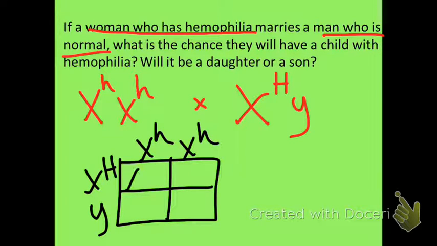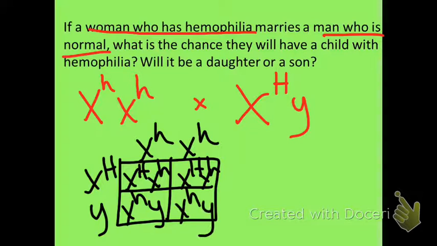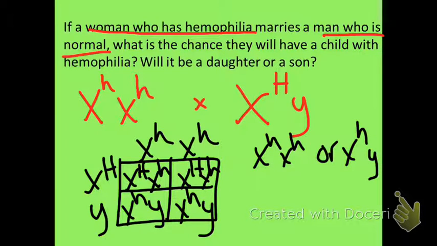When we fill in our Punnett square, we fill it in just like we always have. We're looking for the chance of a child with hemophilia. To have hemophilia, you can be either a female who's X little h, X little h, or a male who's X little h, Y. So let's look at our boxes and see if any meet that criteria.